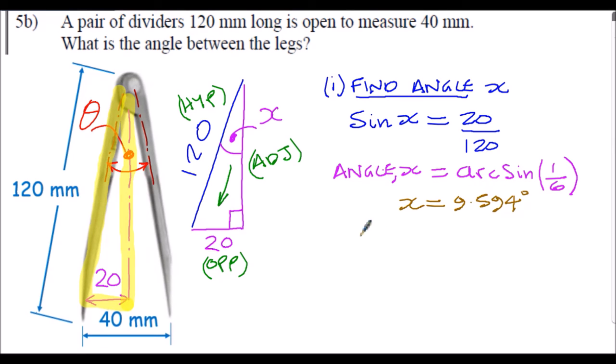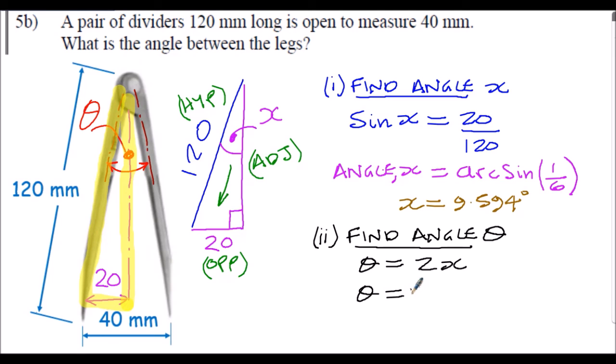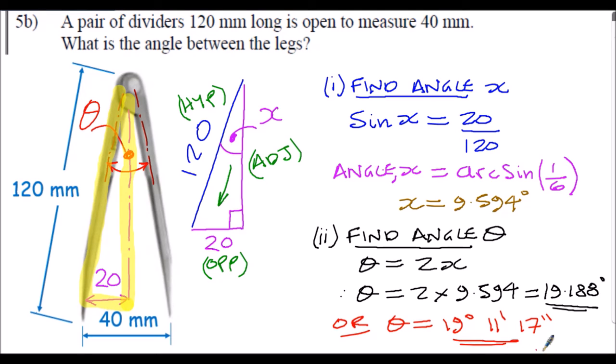But we want to find angle theta, and angle theta is twice angle x. So it's 2 multiplied by the 9.594, which is equal to 19.188 degrees. Or theta is equal to 19 degrees, 11 minutes and 17 seconds.